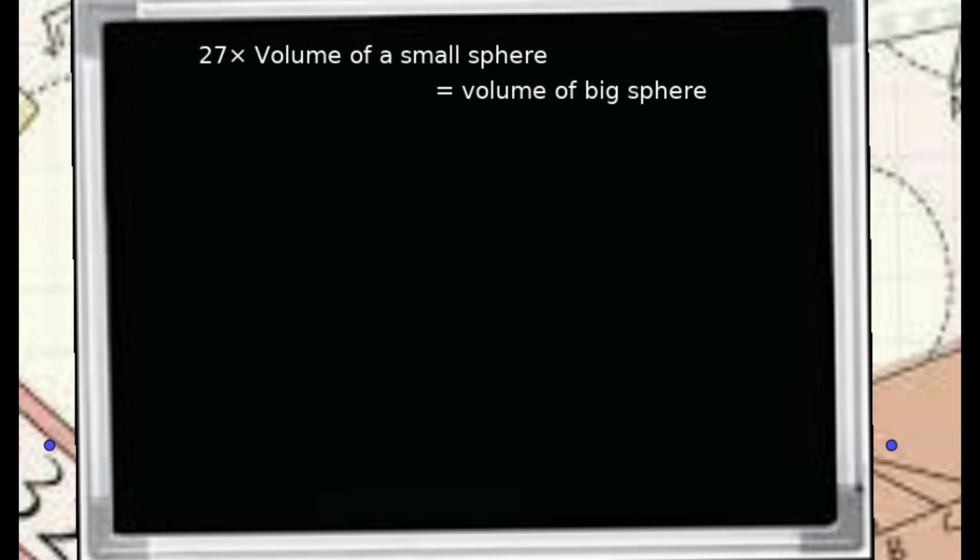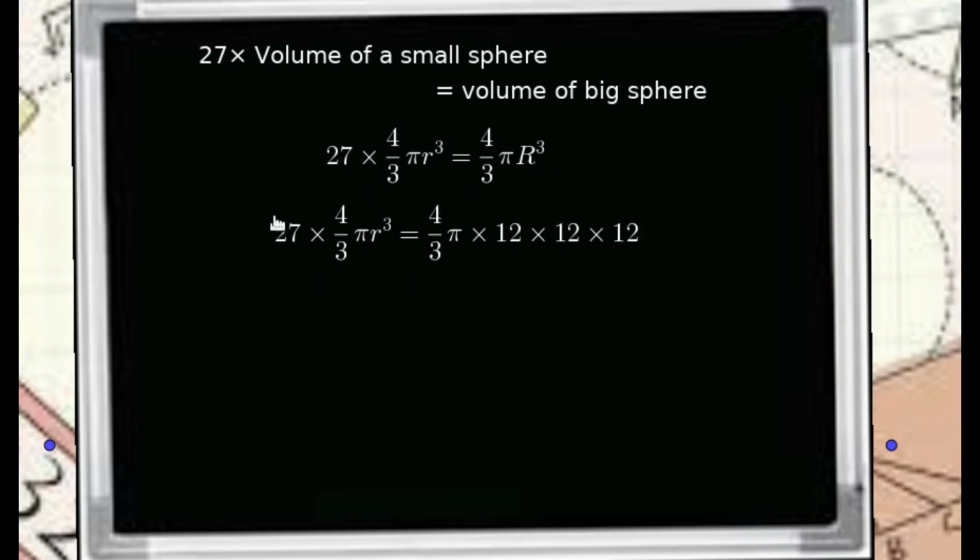Then that equals 27 into 4 by 3 pi r cube. This 4 by 3 pi r cube stands for the volume of the small sphere, and this 4 by 3 pi into 12 cube stands for the volume of the big sphere. Then substitute the values: 27 into 4 by 3 pi r cube equals 4 by 3 pi into 12 into 12 into 12.